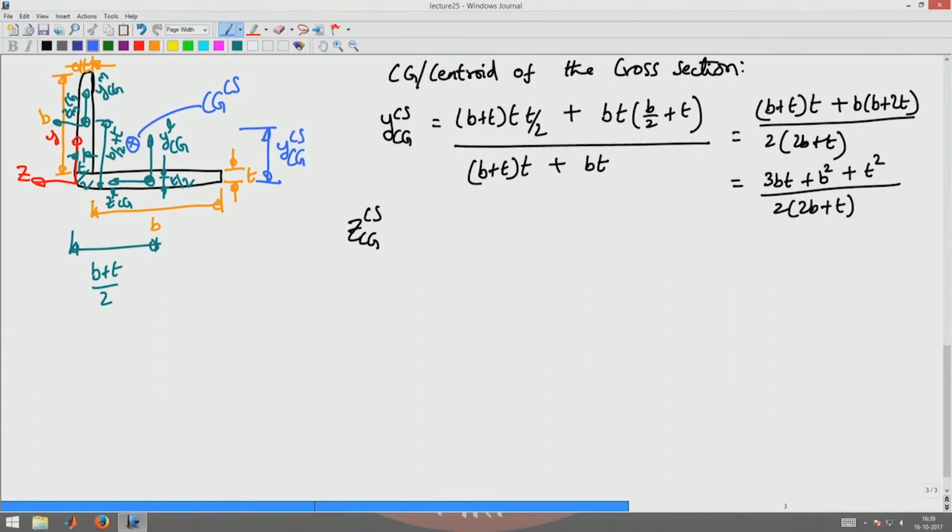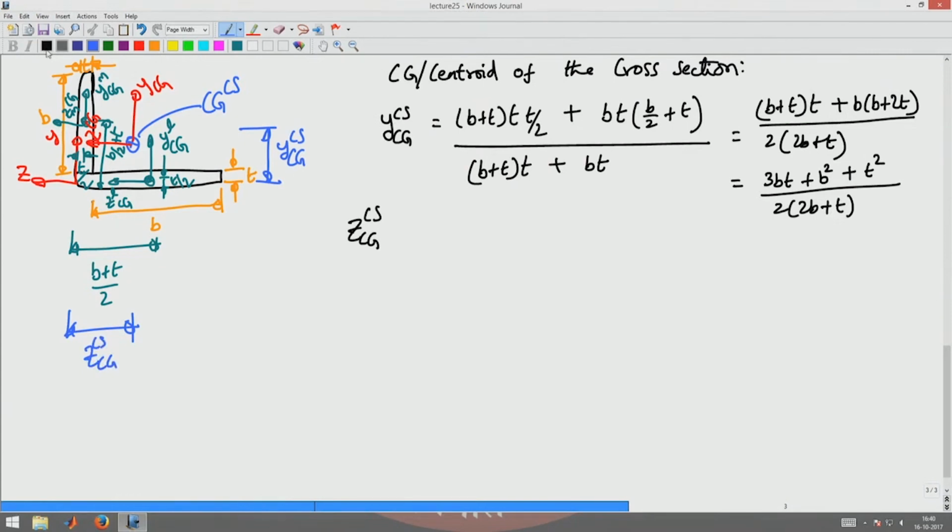Now what we are going to do is move this axis from there to YCG, ZCG. Similarly, I am interested in finding what this distance, ZCG of the cross section, is from that end.